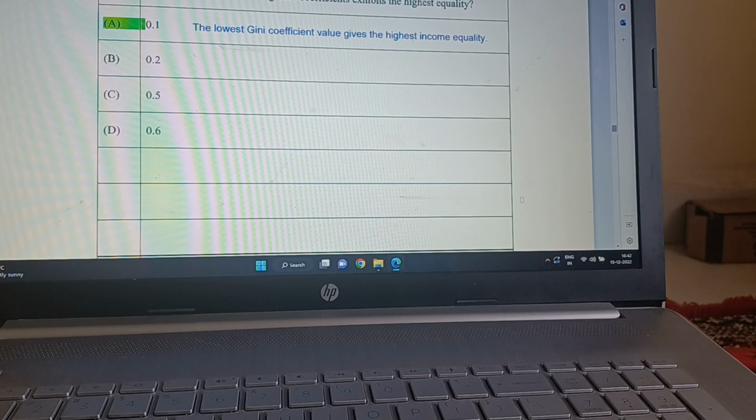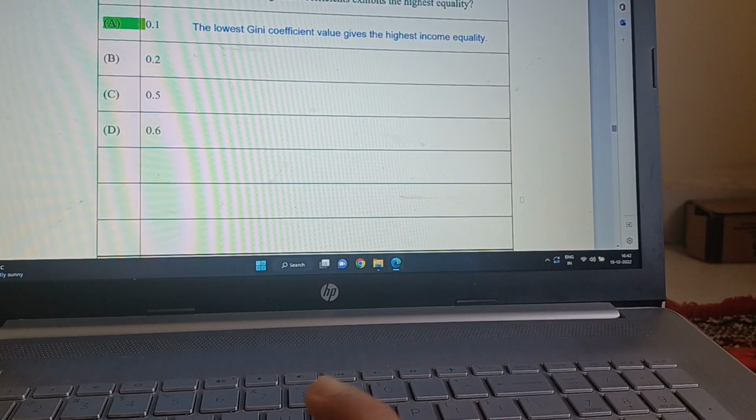Otherwise, when all people have equal income, then this Gini coefficient will be 0. And when only one person takes all the income and the rest of the people get nothing, then this Gini coefficient will become 1.